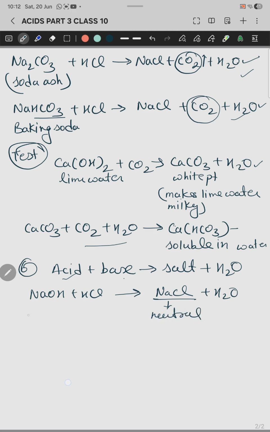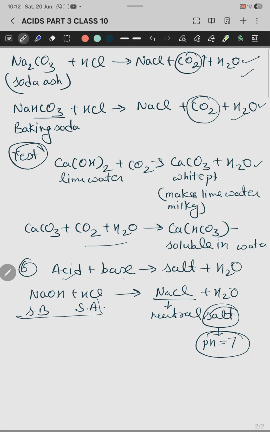It is neutral because a strong base and a strong acid are present. If a strong base and a strong acid are present, it gives you a neutral salt, or you can say the salt from this reaction has pH equal to 7.